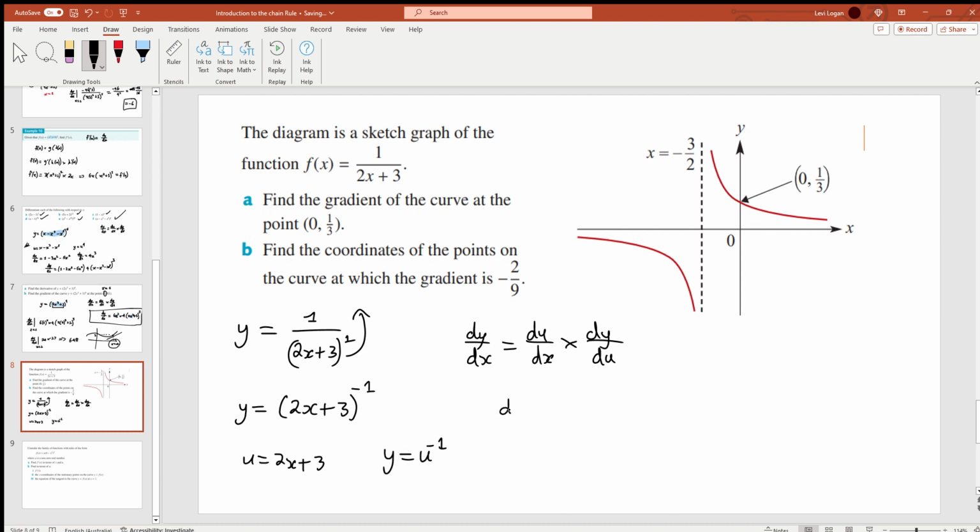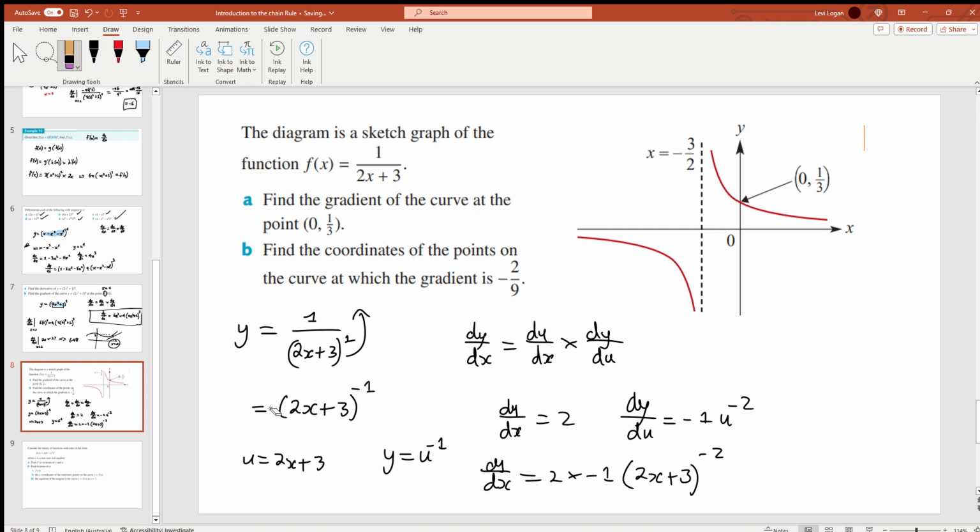So we're going to have du/dx is 2, and dy/du equals negative 1 u to the negative 2. Okay? So dy/dx is going to be 2 times negative 1, bracket, substitute our u in, 2x plus 3 to the negative 2. Now we can rub this out because we don't need this anymore.